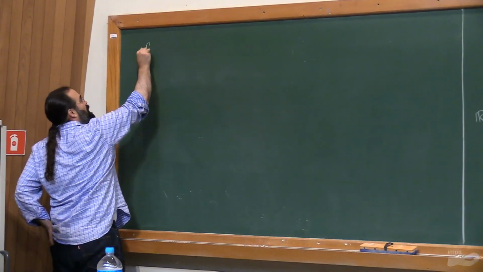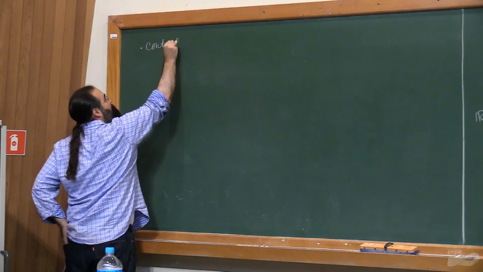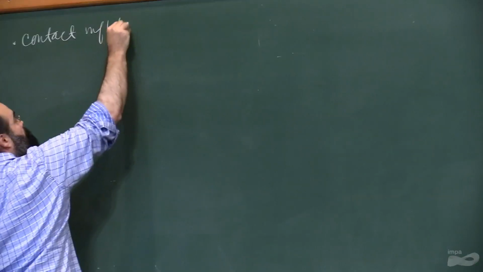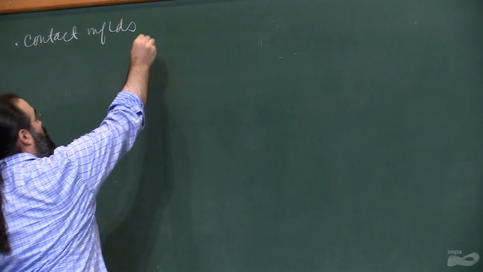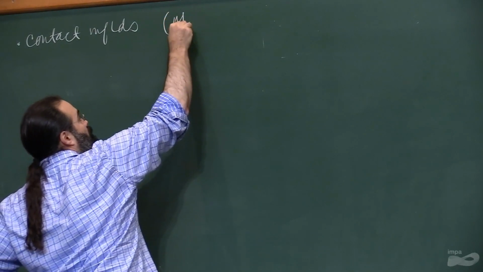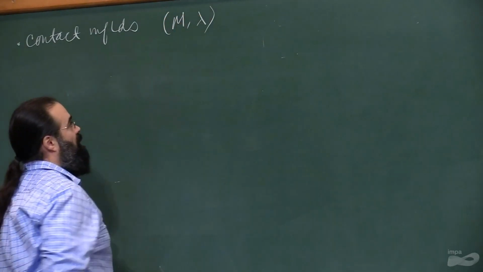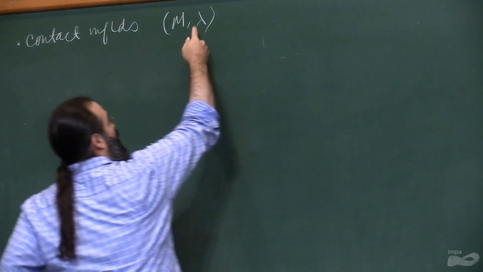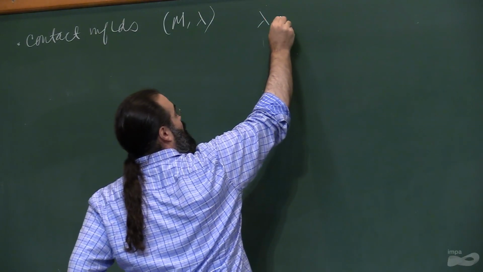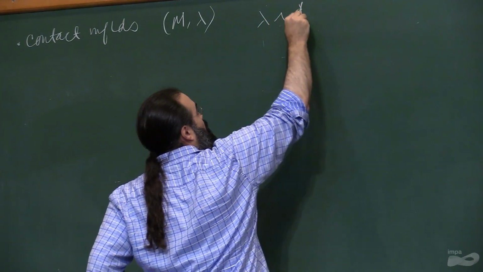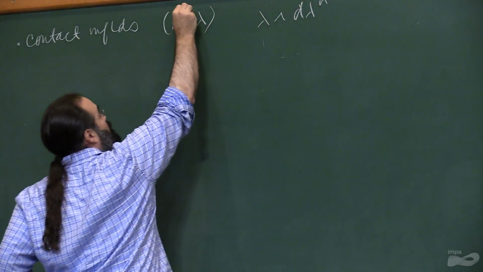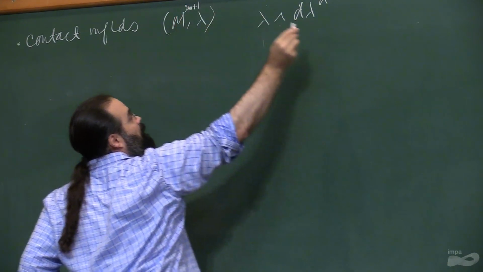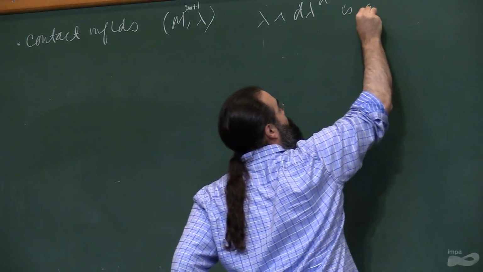So first is contact manifolds. For me, a contact manifold will always have a contact form. I know for contact topologists, generally the structure is the more important thing. So lambda is a contact form if lambda wedge d lambda to the n, this is 2n plus 1, is a volume form.